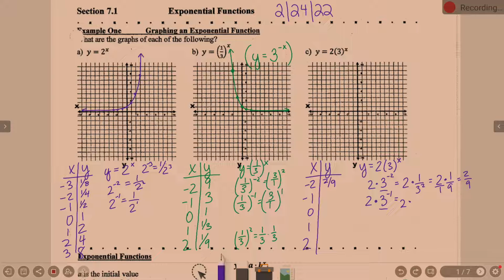What do you do with a negative exponent? Goes to the bottom, right? So that's really 1 over 3 to the first, which is just 1 over 3. So 2 times 1/3, which is 2/3. You can think of it as 2 over 1 again.